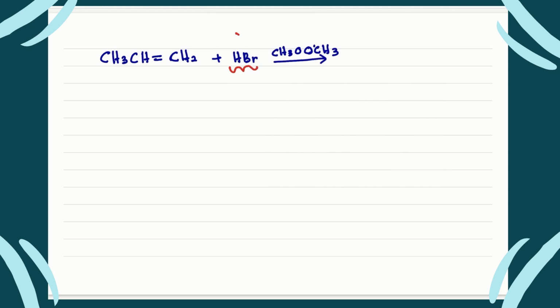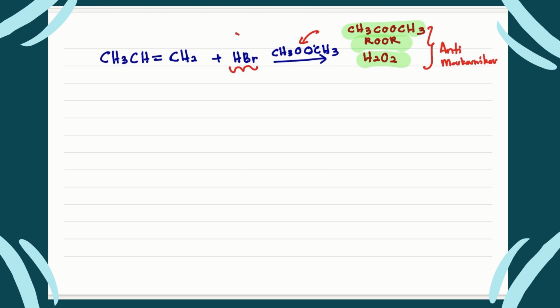Okay, only for HBr when there is another condition, either CH3COOCH3, or sometimes we use ROOR, where R represents the methyl group, or H2O2, which is a peroxide, it will become anti-Markovnikov. It's only for HBr in the presence of any one of these.